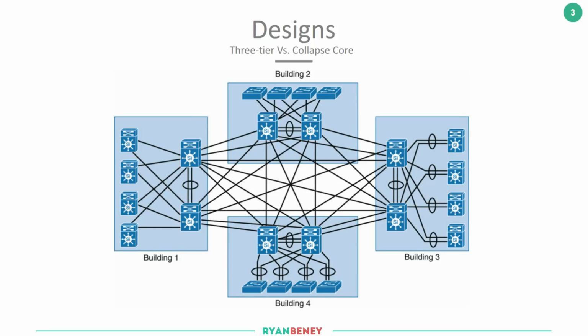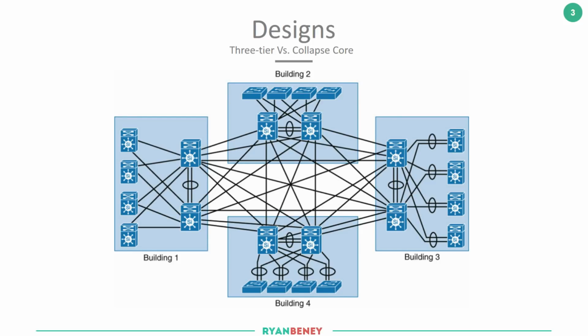Now, the reason you might be wondering why would someone go for a collapse design, well, primarily it's due to lower cost to the initial build. But what you do find is if you save that cost at the beginning, it becomes very difficult to scale this collapse core design moving forward, because the cable requirements increase dramatically, and each new building still requires a full mesh to all the other buildings because there's no centralized core it can get back to.